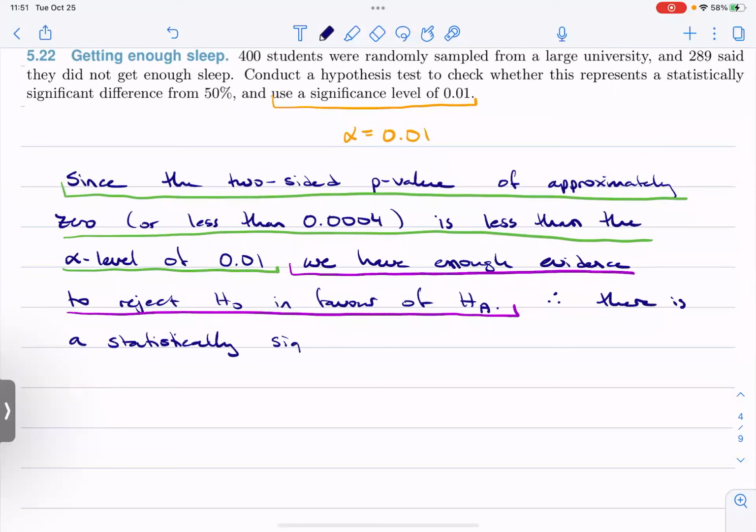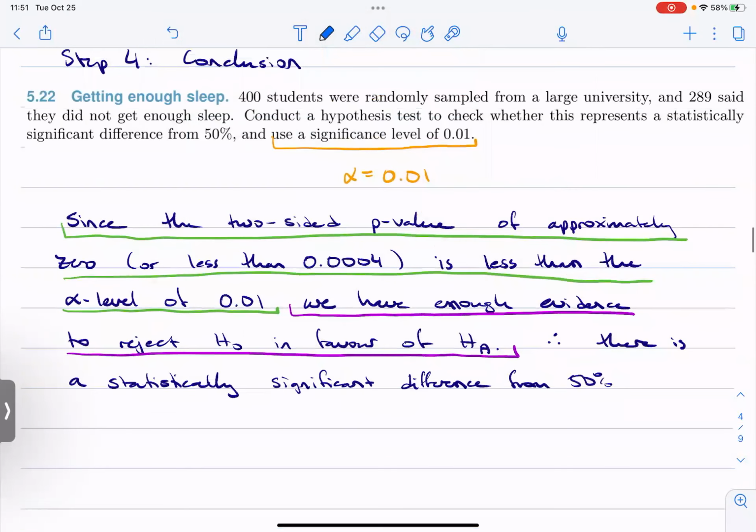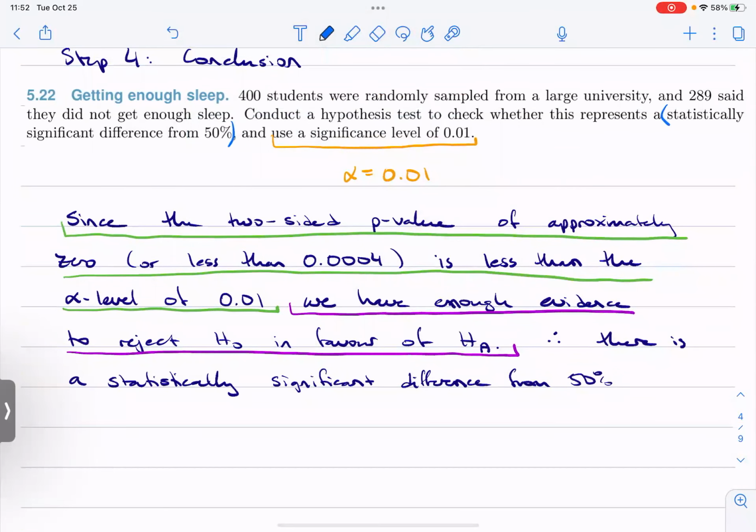Statistically significant difference from 50%, or if you prefer 0.5. When we're talking, we're pretty flexible in moving between proportions and percentages. So there's a statistically significant difference from 50%, and I stole that from here.